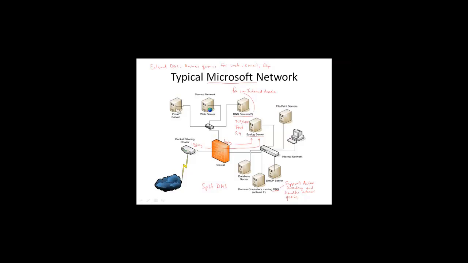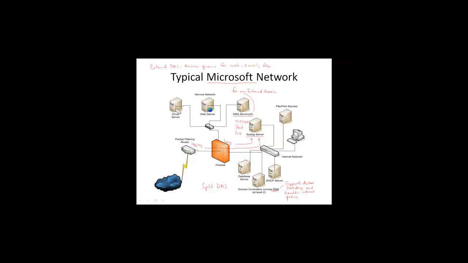So let's see, we've talked about the service network. We've talked about the internal network. In this case, I've introduced this whole concept of split DNS, where you have external DNS to just simply handle external issues, and then you have internal DNS servers to handle the internal needs of your network.